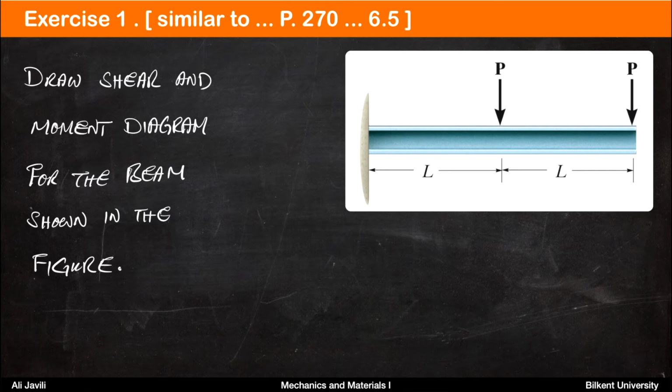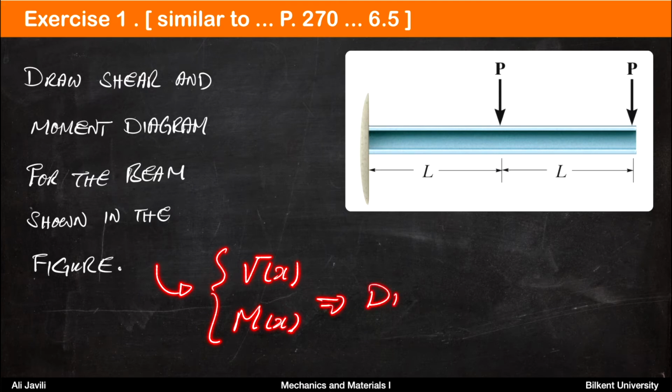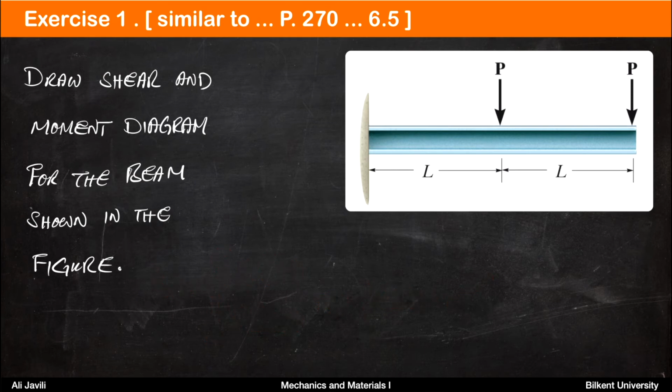Either you can do it like we did in the previous lecture, calculating V as a function of x and M as a function of x, and then drawing them. That's perfectly fine. But you can also use a graphical approach, based on what we have learned in this lecture. This is more like a shortcut towards drawing the shear and moment diagrams without calculating them actually.